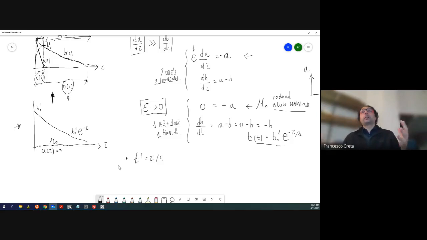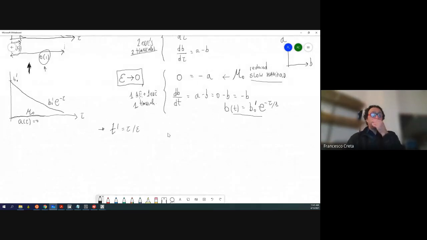They're so slow that they're frozen in time, and the fast timescales now become the slow timescale. So I'm just playing around with these timescales. So I make a sort of a dilation in time.